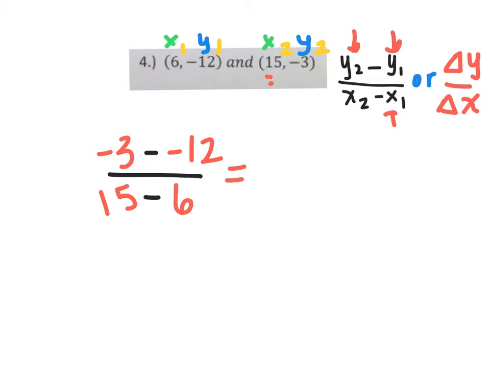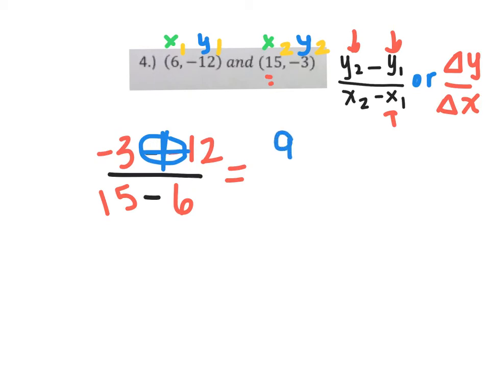Now I just finish off the math. Negative 3 minus a negative 12. This may look familiar to you. Negative 3 minus a negative 12 is the same thing as negative 3 plus 12, which equals 9.